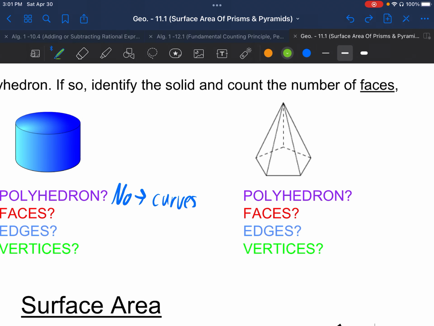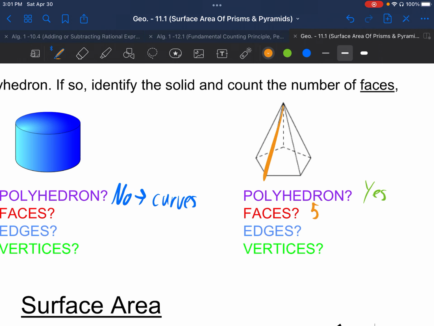And this last one is another one that is a polyhedron. Each face is a triangle, except for this one down at the bottom, which is a pentagon. So how many faces are there? Well, there's a pentagon at the bottom, and then all these triangles, which there's 2, 3, 4, and 5.